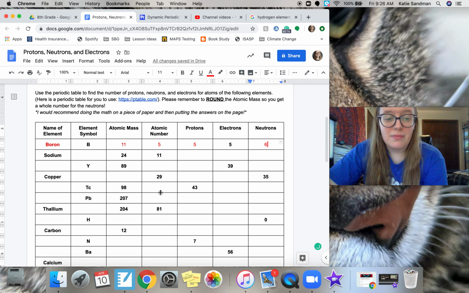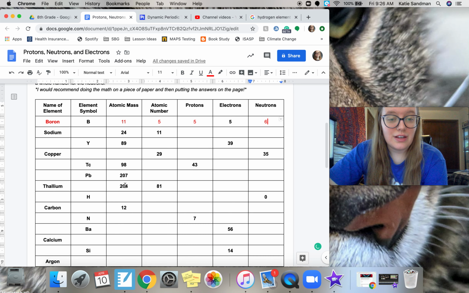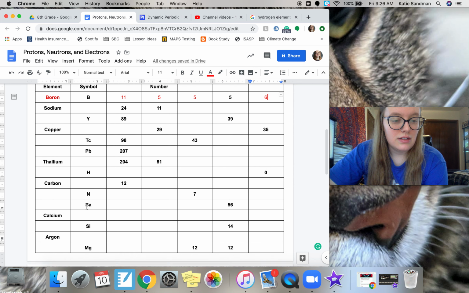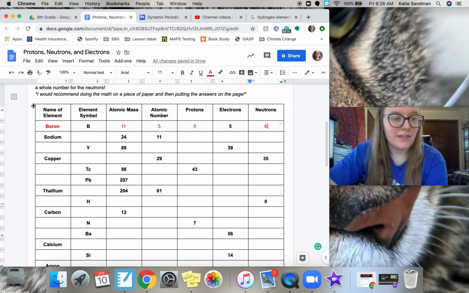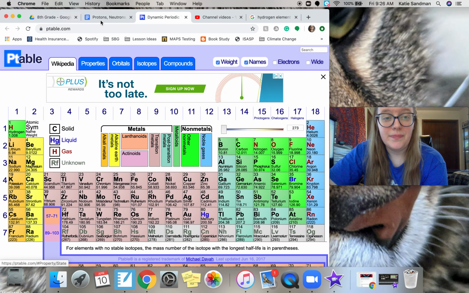Just know for all of them you're either given the element name or the symbol. So as long as you have that, it should be easy to find on the periodic table.